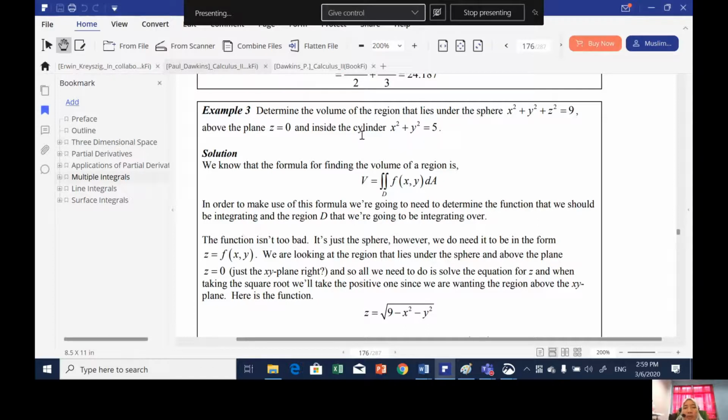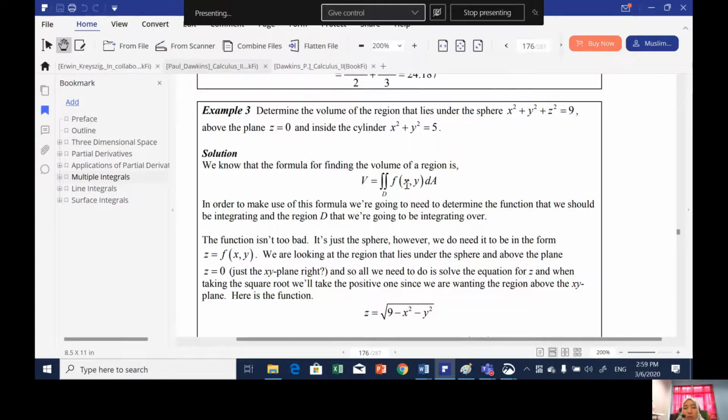So we want to evaluate a double integral for the volume problem.